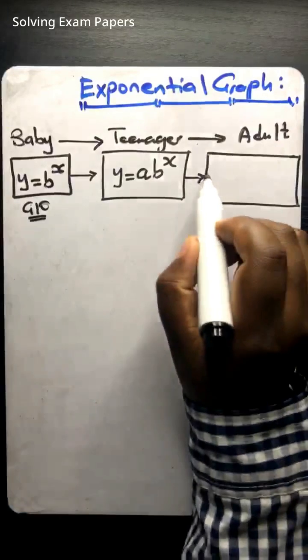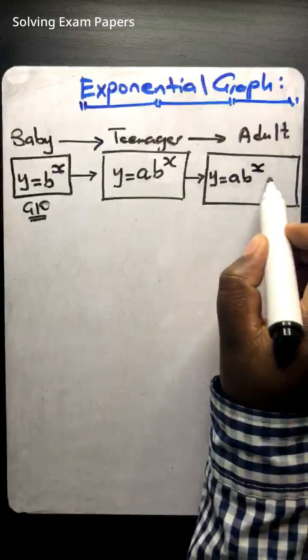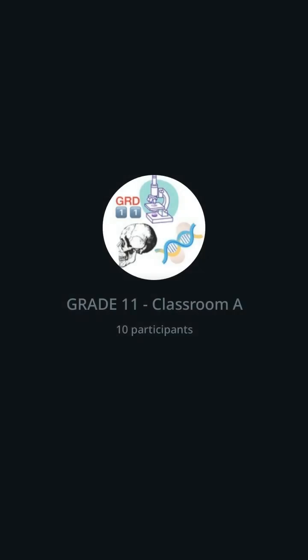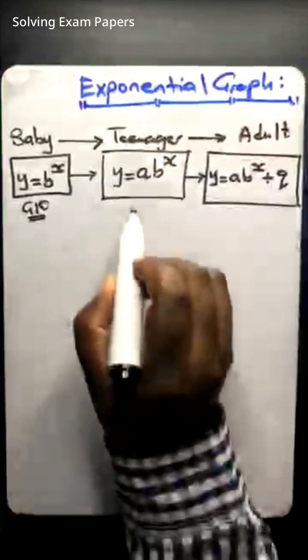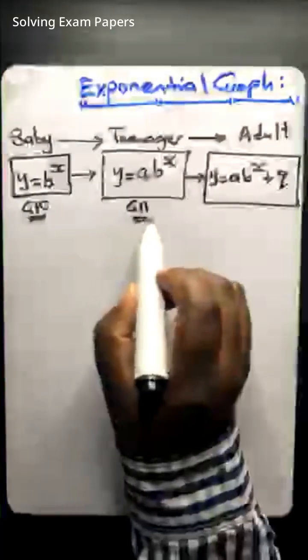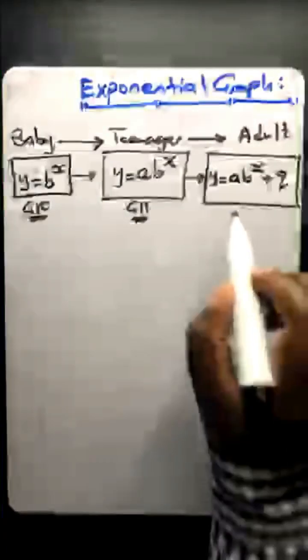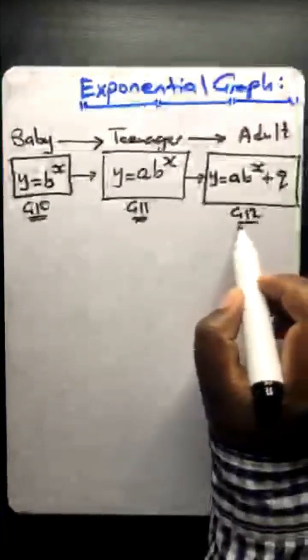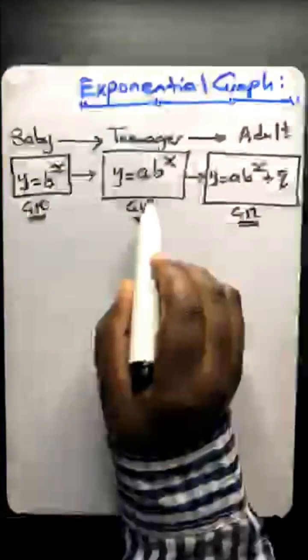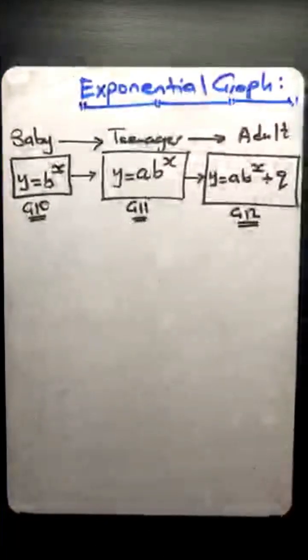That means you will be looking at y equals a b to the exponent x, plus q. So when you are in grade 11, you should understand everything in that box. When you get to grade 12, you need to understand that, and that. You are very likely to learn these while still in grade 11.